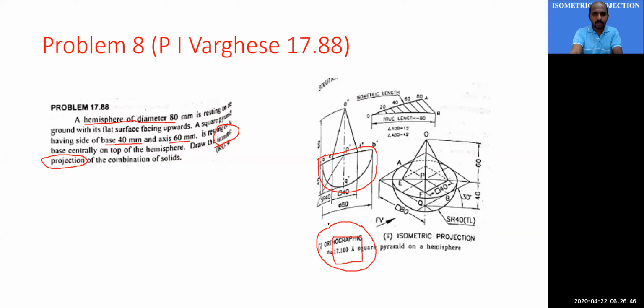Once you complete the top view, you can enclose this top view in a square. From there you draw the isometric scale, then you complete the isometric projection. When you are drawing the isometric projection, the first thing is that you locate a point.